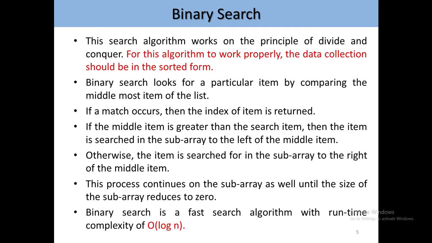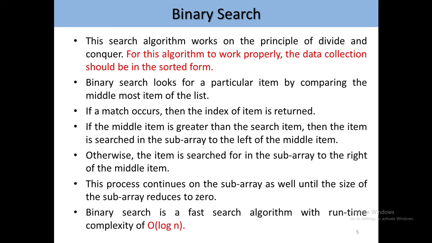Part number 1 is from the lower limit to the mid element, and part number 2 is from the mid element to the upper limit of our list. So first of all, we need to find out the midpoint of our list. The element which we need to search is first compared with the middlemost element of our list.